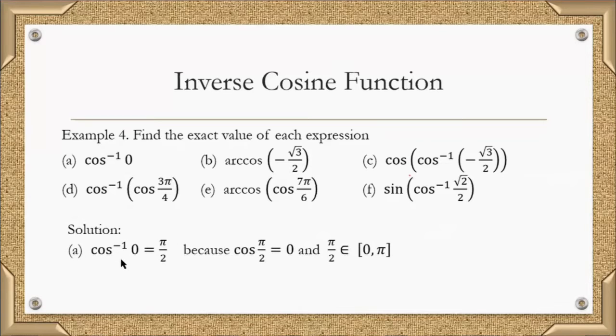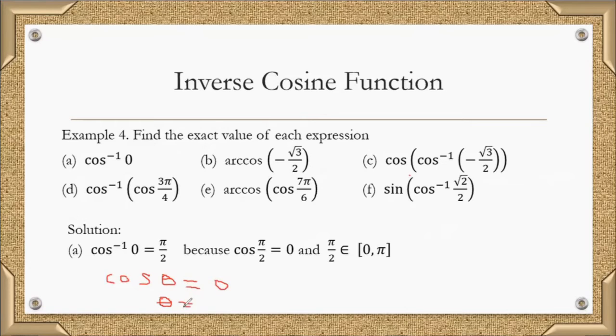Okay, so the inverse of cosine 0 is pi over 2 because the cosine of pi over 2 is 0. Diba? Pag kinuha natin kasi ito in the form ng inverse of cosine 0, pwede siyang maging cosine theta equals 0. Ayan. So, ang target natin dito ay the value of theta.